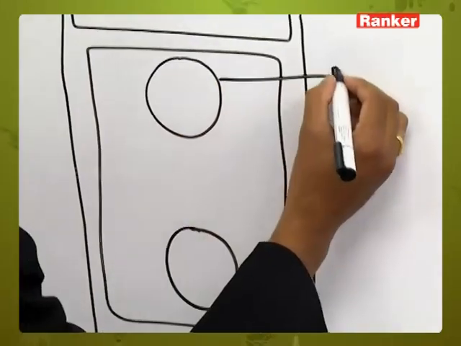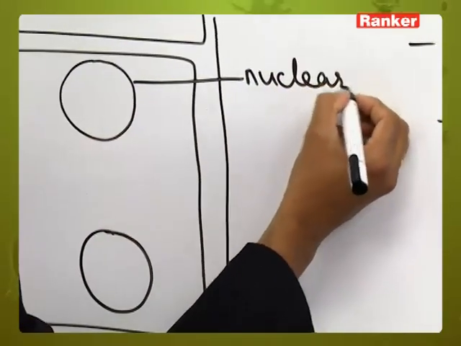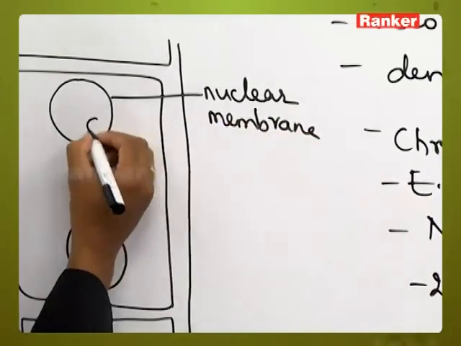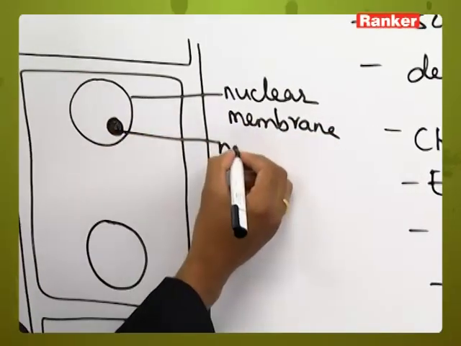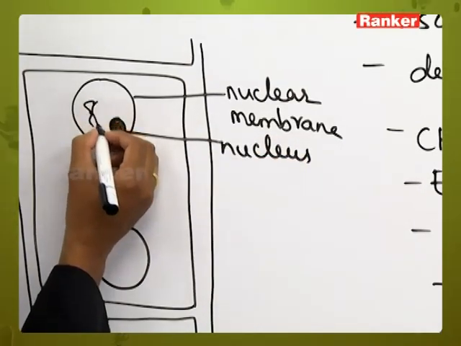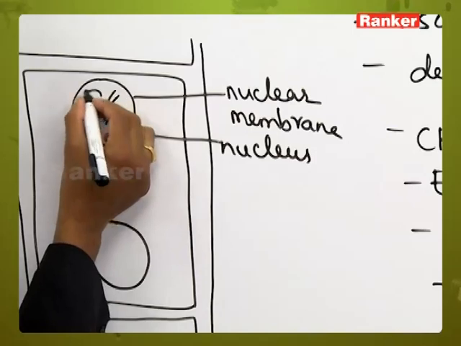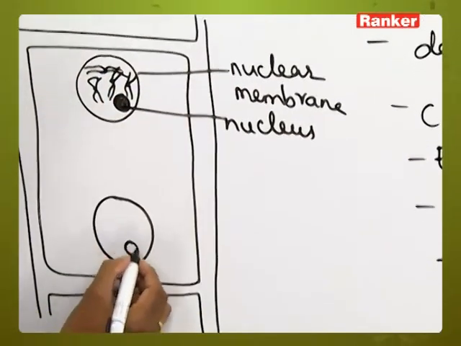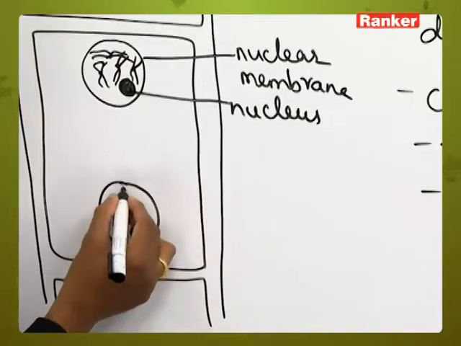The nuclear membrane, nucleolus, and the chromatin. Little bit of chromatin-like structures can be observed here. This type of reorganization is taking place during the telophase.